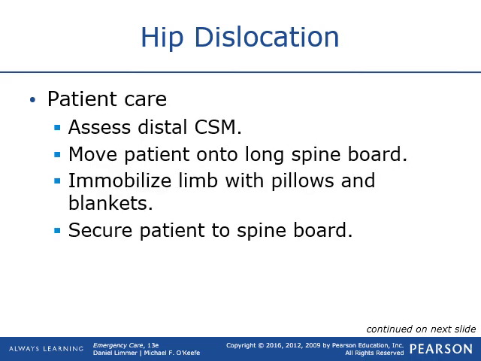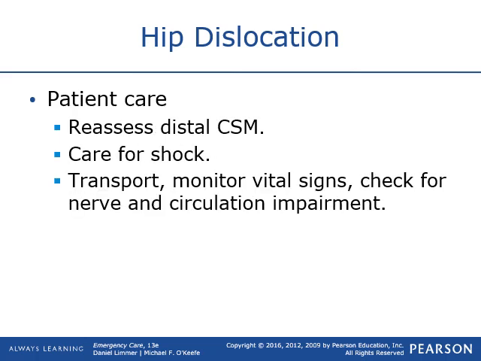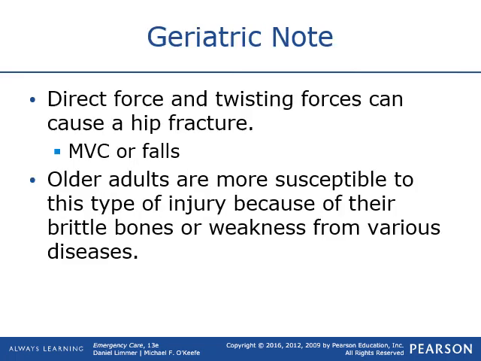Care as always. Assess for PMS. Move patient onto long spine board, that's the best for moving these, or even a scoop stretcher. Mobilize the limb with pillows and blankets. Secure patient to spine board. Reassess PMS, care for shock, transport. Pretty easy. It's pretty basic all the way across in the traumas on how you care for them.